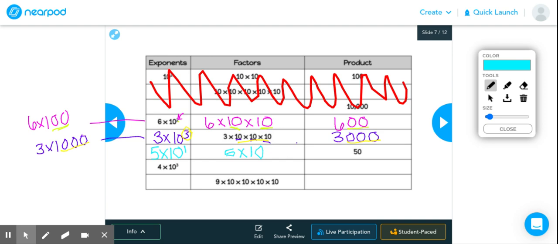All right, now in my next example, it's giving me my number in exponent form, 4 times 10 to the third power. I'm going to do these steps just like we did before.